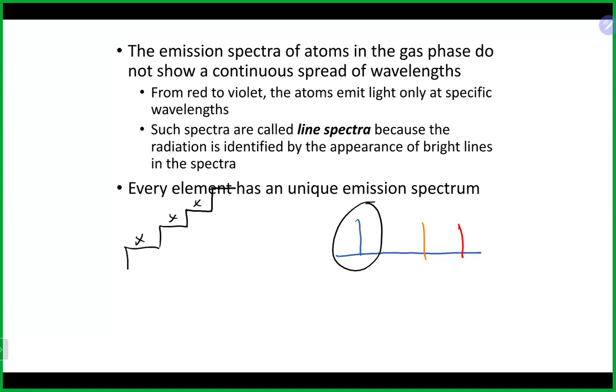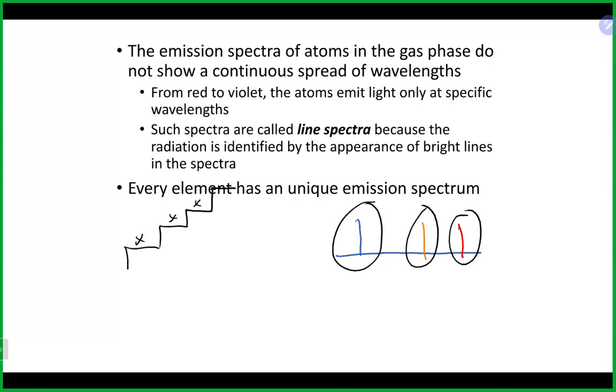So each of these colored lines that you would see represents electrons transitioning from, for example, maybe the fifth energy level to the third, or maybe the fifth energy level down to the second. That will give you another type of line, or the fifth to the fourth energy level transition will give you another type of line.